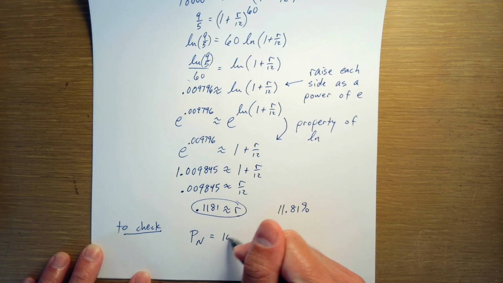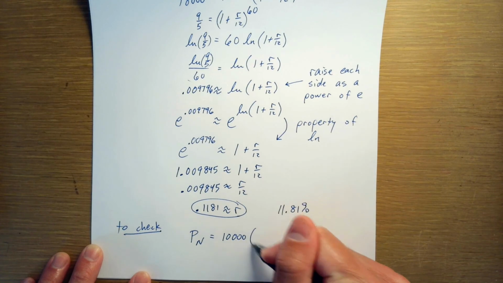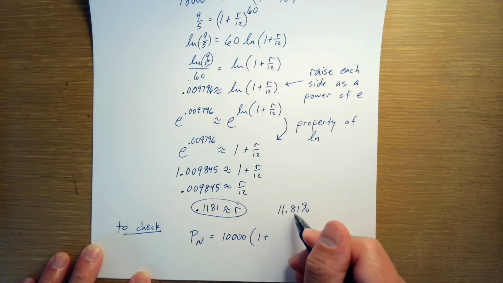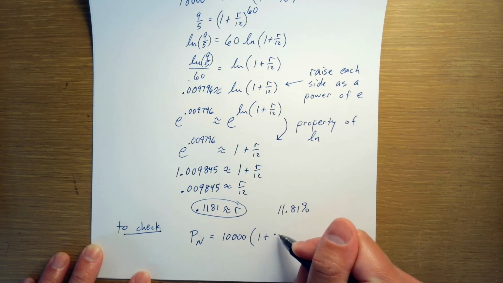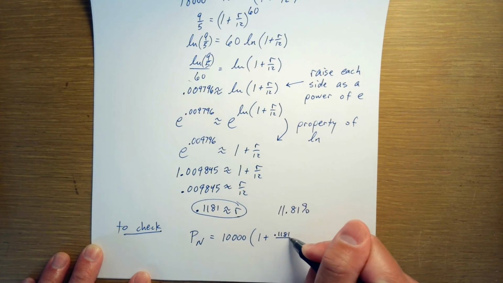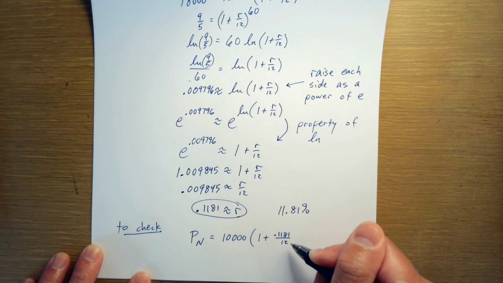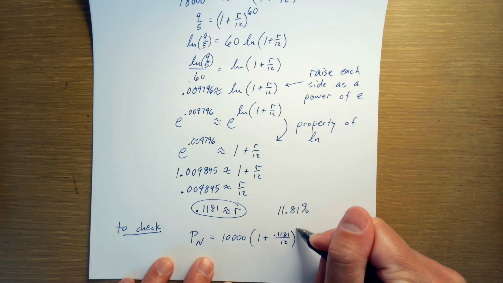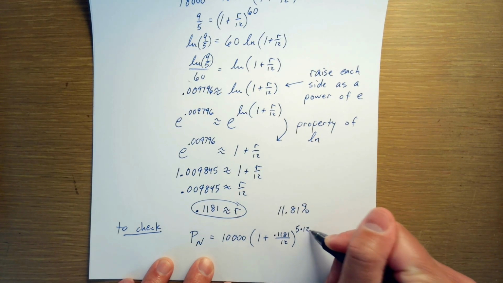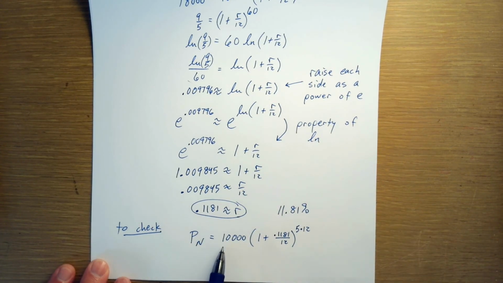And so that should be your initial investment of 10,000 times 1 plus your r that you just found, so that's 0.1181 over 12 raised to the 5 times 12. And you should be able to plug this into a calculator and get 18,000.